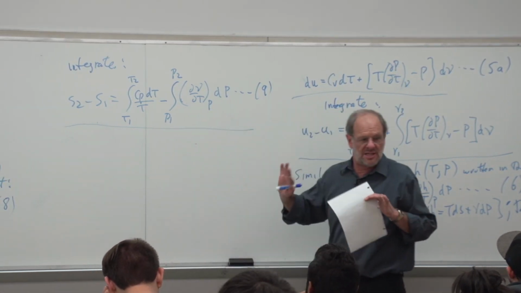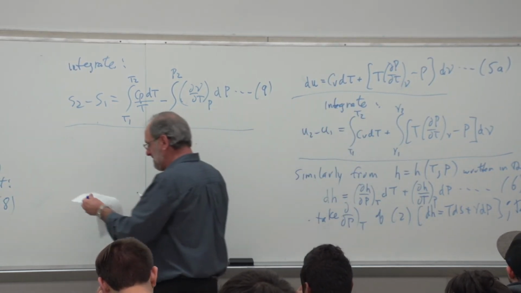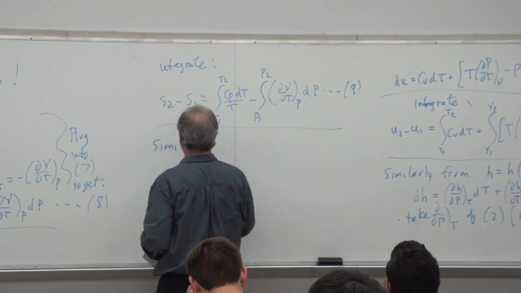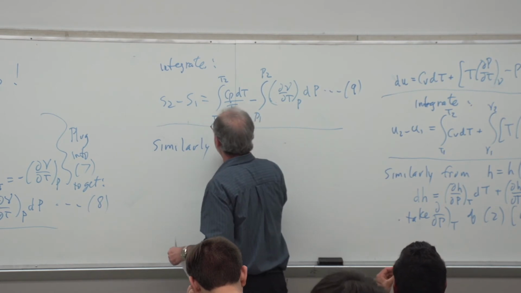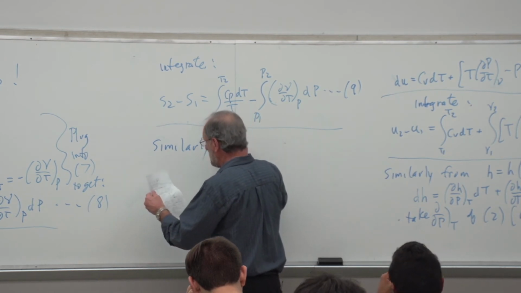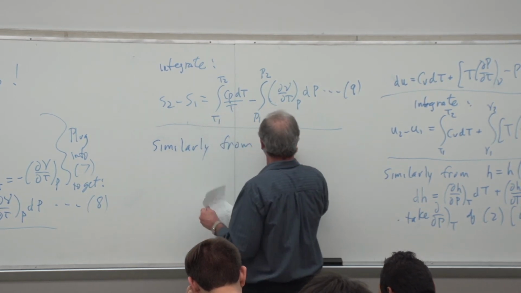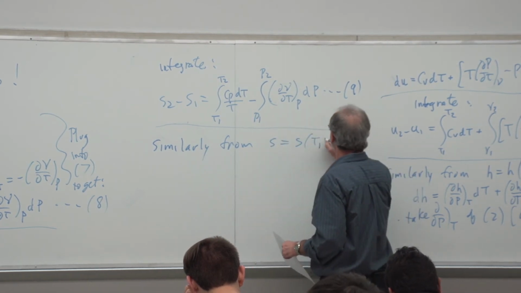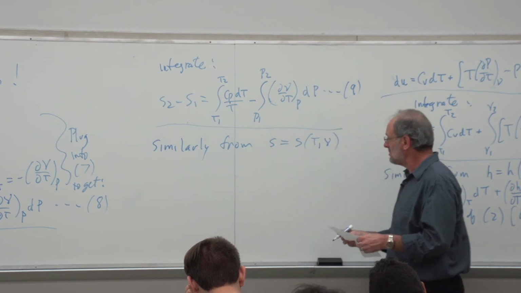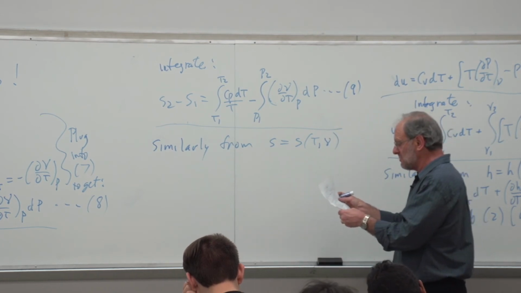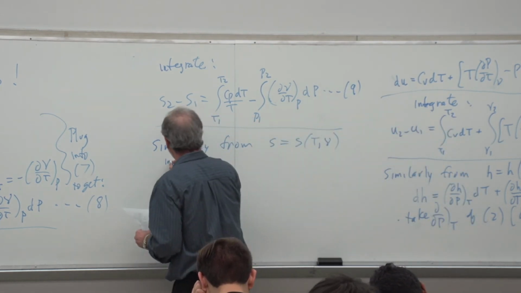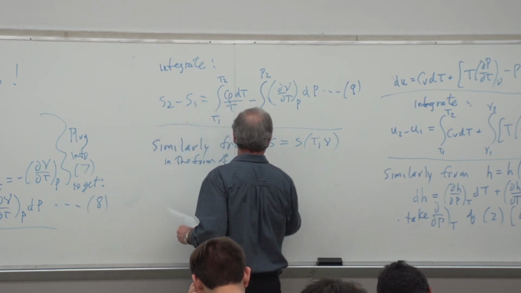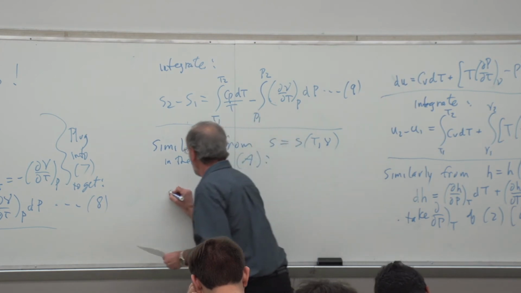So let's do one more derivation here today. And again, I'm not going to go through all the steps, but I'll just say similarly. And this time, I'm going to look at entropy as a function of temperature and specific volume. So similarly, from S as a function of temperature and specific volume in the form of equation A, we would write the usual.